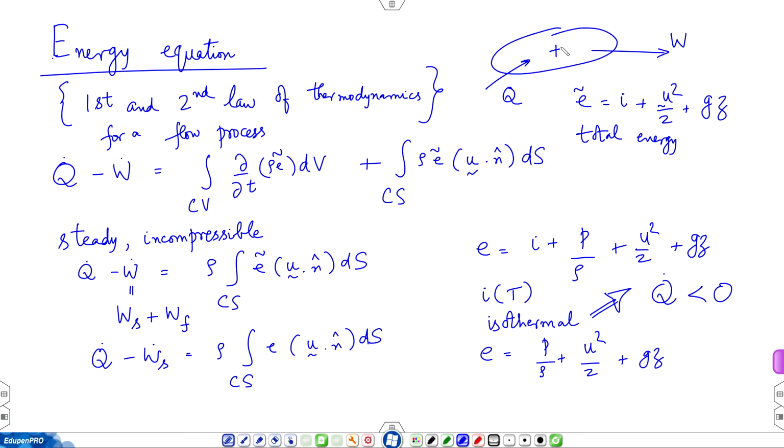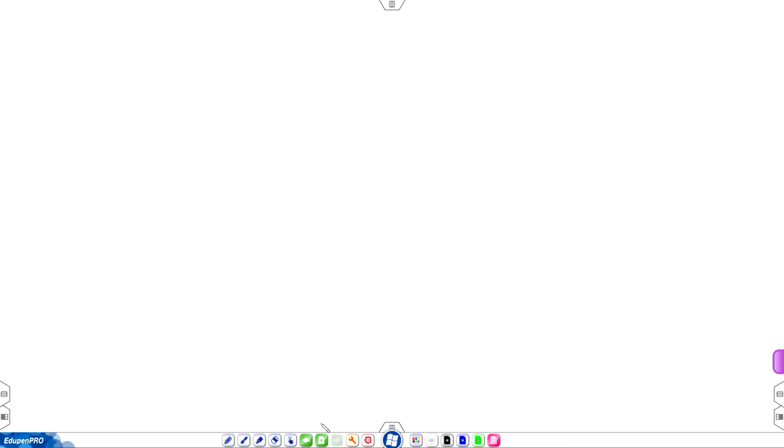Now, I think that should explain why Q dot minus W dot s equal to rho integral over the control surface of E u dot n dS, with Q dot less than 0, is a statement of the first and the second laws of thermodynamics. Okay. Now, let us look at the utility of these equations through examples.